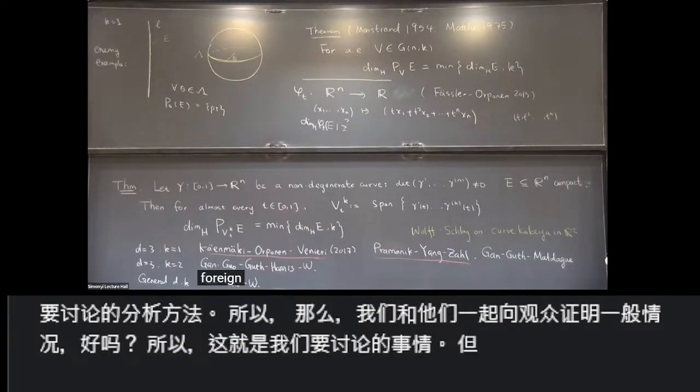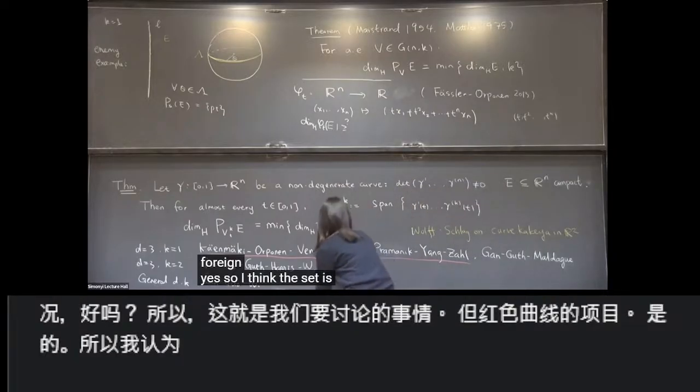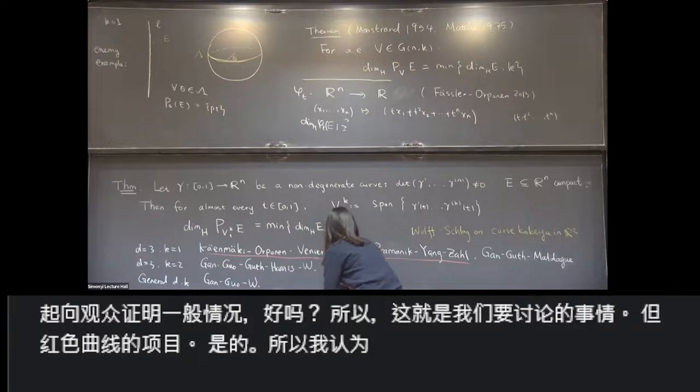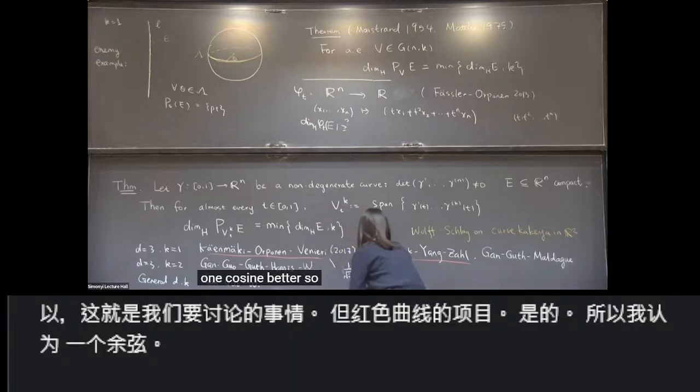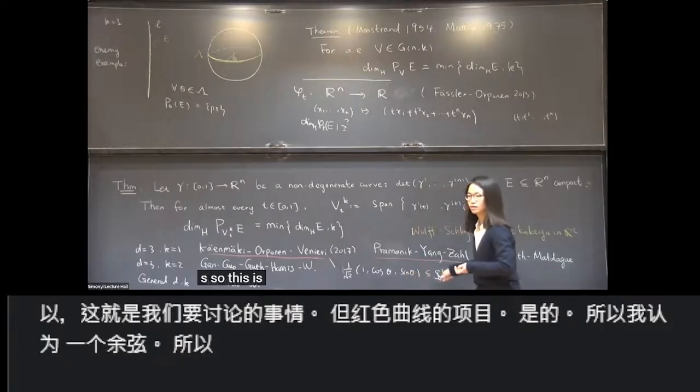So you said they proved it for that red curve? Yes, so I think the set is one, cosine beta, sine beta, of S2. So this is the set.